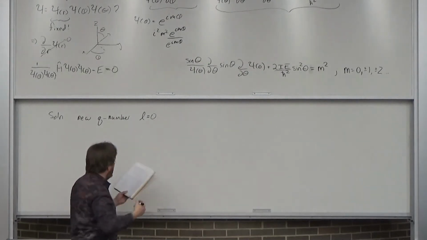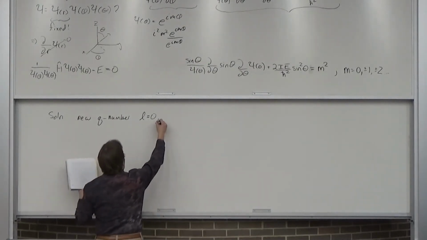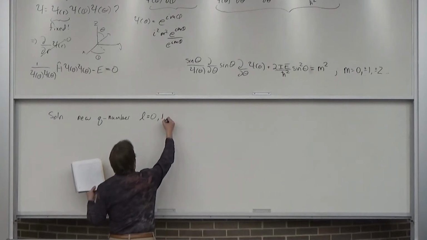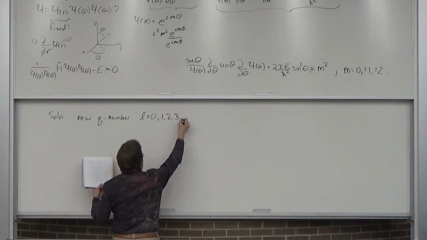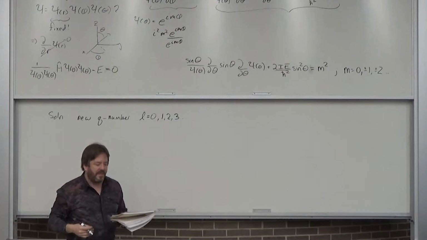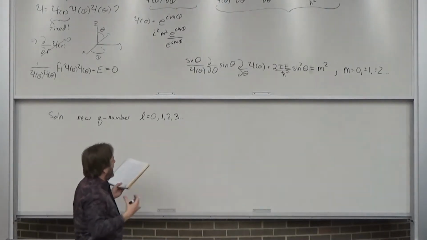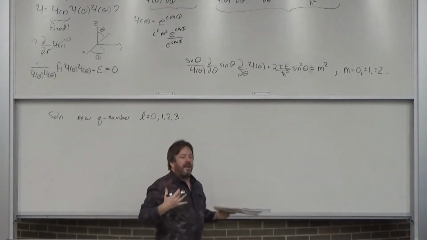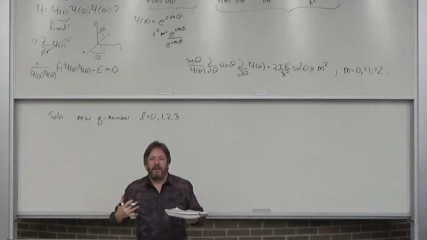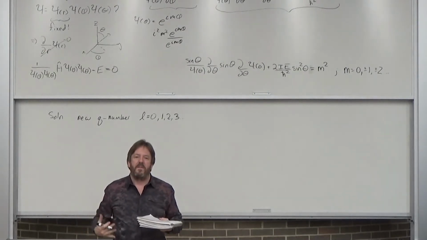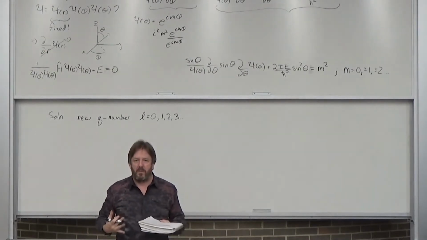So an L of 0, you can think of that as an S state. So L goes 0, 1, 2, 3, 4, and so on. We'll just stop there. Now recall, I've said it a zillion times, the theta miniature Schrodinger equation is dominant over the phi. The phi has the m quantum number.